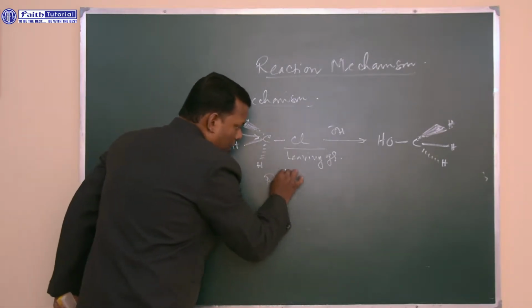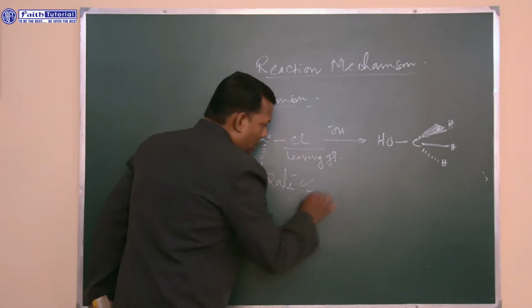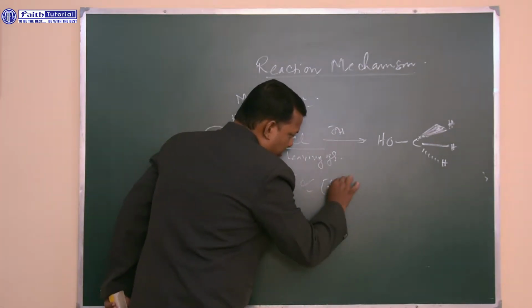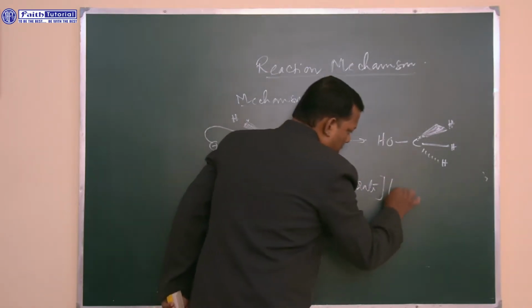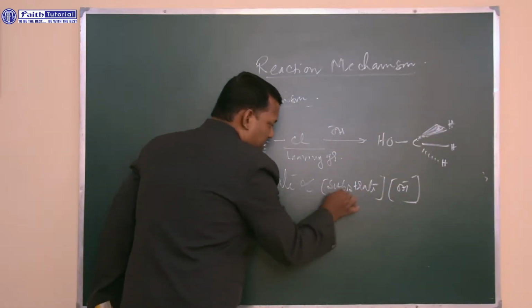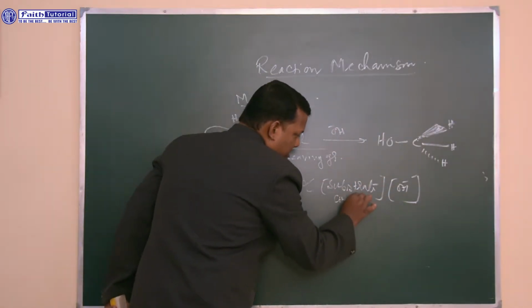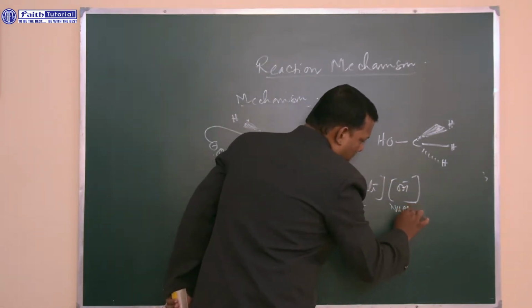The rate of the chemical reaction is directly proportional to the concentration of the substrate and the concentration of OH minus. The substrate is CH3Cl and OH minus is called nucleophile.